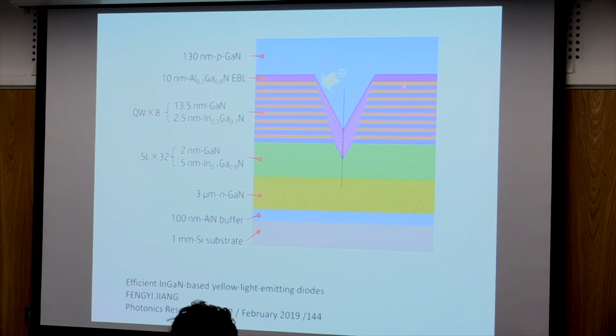You have here a defect, and you inject electrons and holes on the side instead of traveling through the multi-layers and having the voltage penalty at each quantum well. Injecting sideways somewhat solves this problem. It's ongoing work, but that's very interesting, and this is what we have to fully understand now.